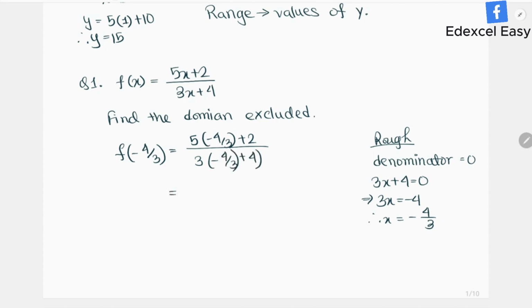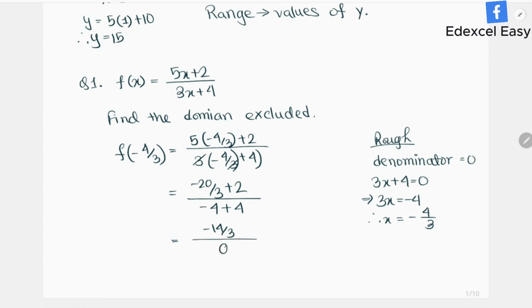So if you start calculating this, you get what? Minus 20 by 3 plus 2 over, this 3 gets cancelled out and you have minus 4 plus 4, which is 0. At the numerator, you get minus 14 by 3, and at the denominator you have 0.